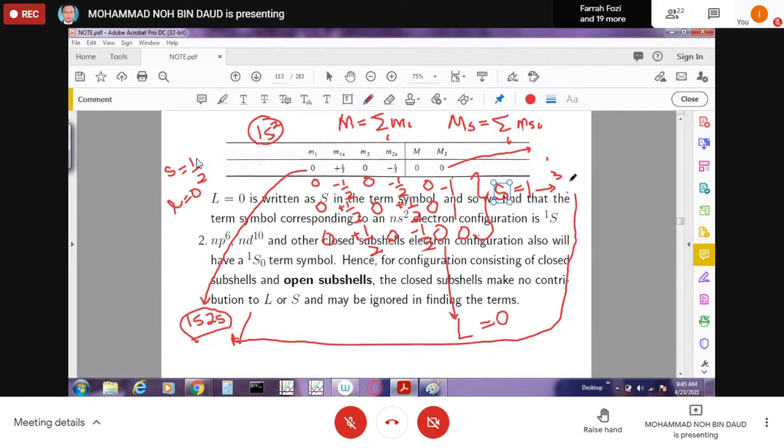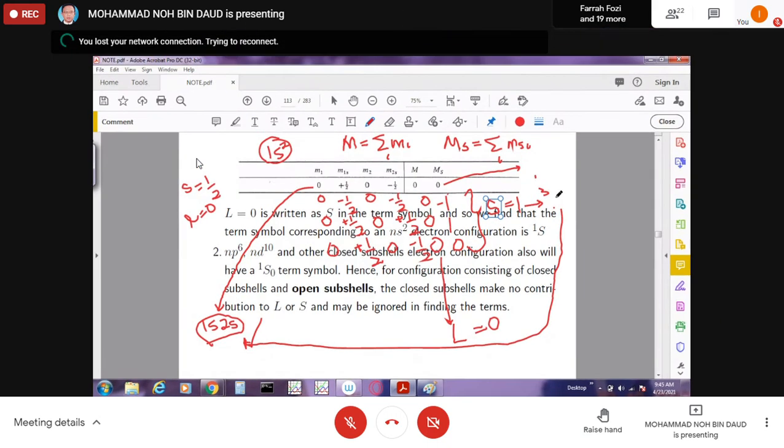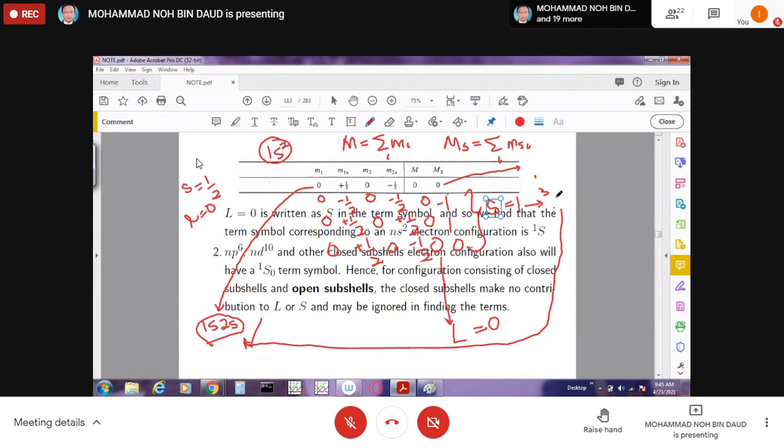So again, MS negative 1, so S1. So triplet S. So here is L0, so this is S. So now with the angular momentum addition rules, we can get here all possible term symbols for this.